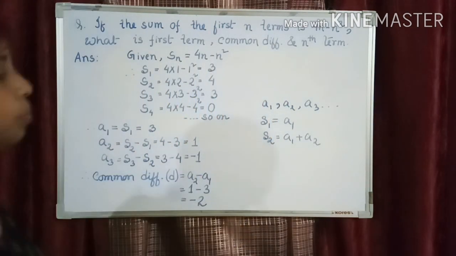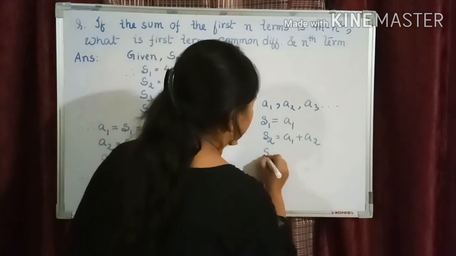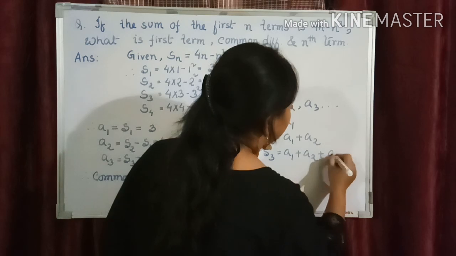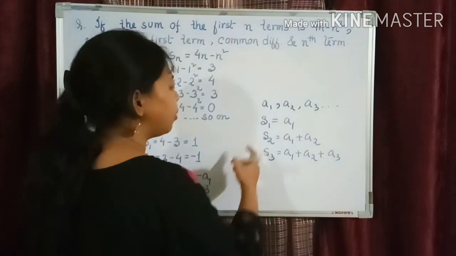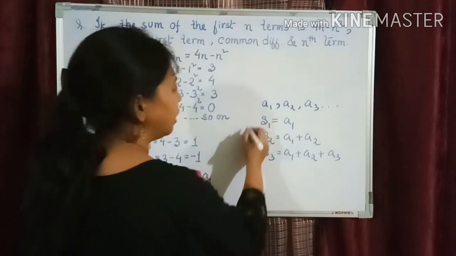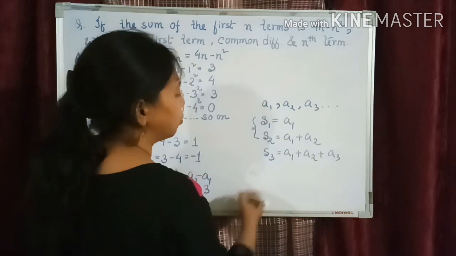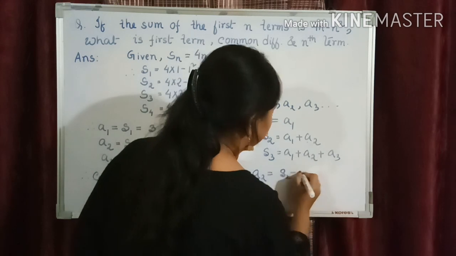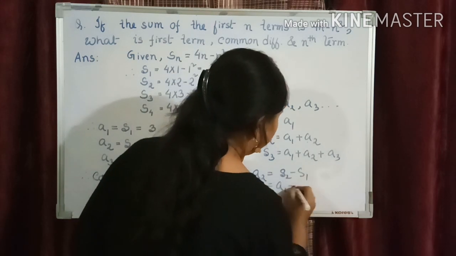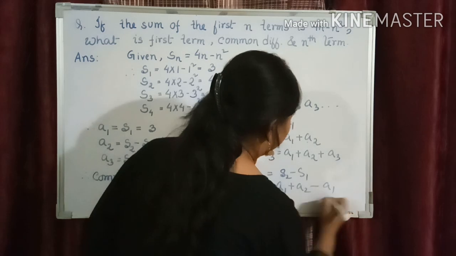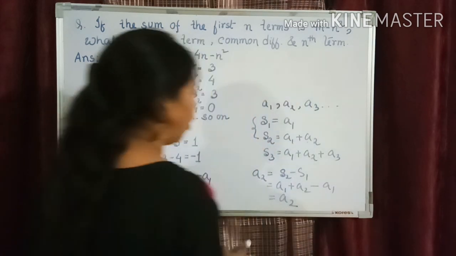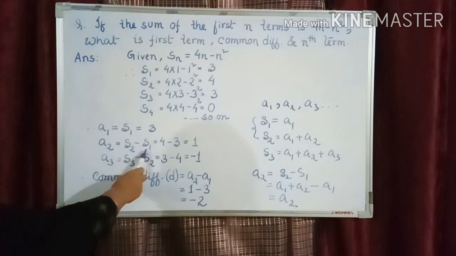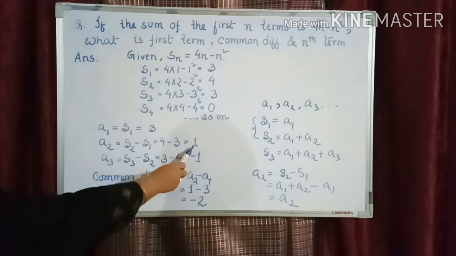S3 means the sum of the first three terms, a1 plus a2 plus a3. If we want a2, you look, a2 equal to S2 minus S1, which means a1 plus a2 minus a1, ultimately you will get a2. Only because of this reason we are subtracting like that. S2 minus S1, then I will get the a2 value.